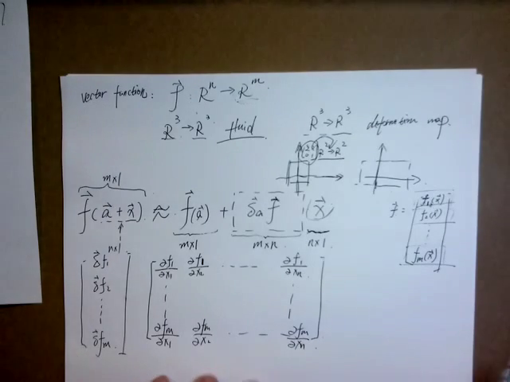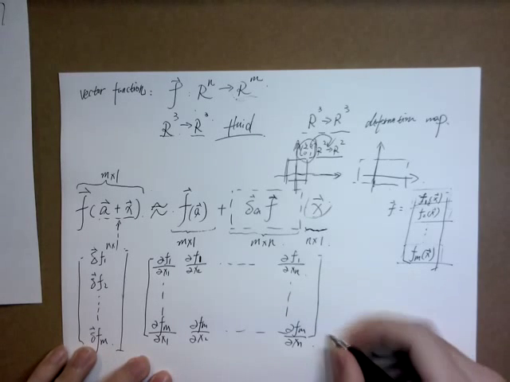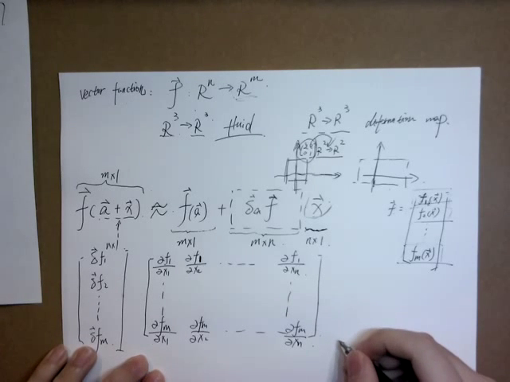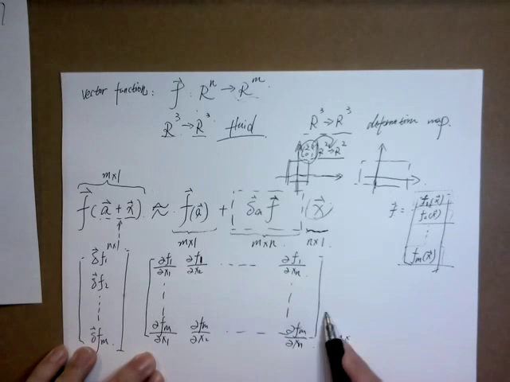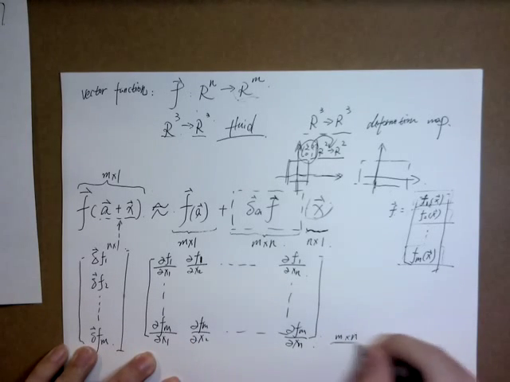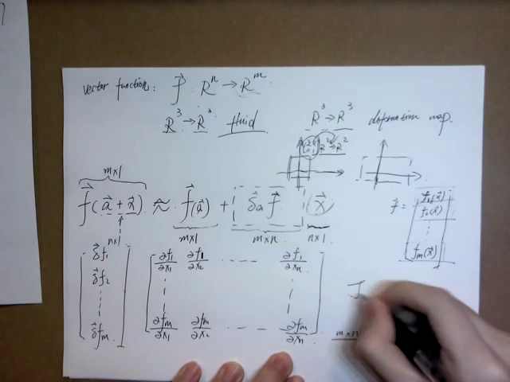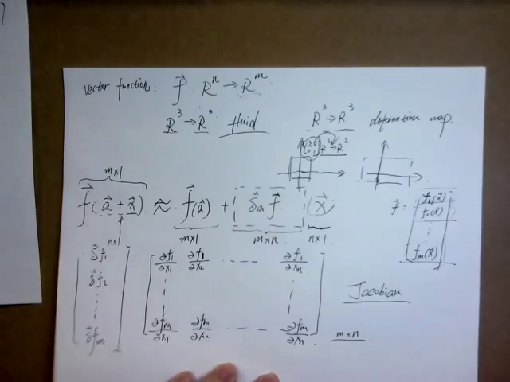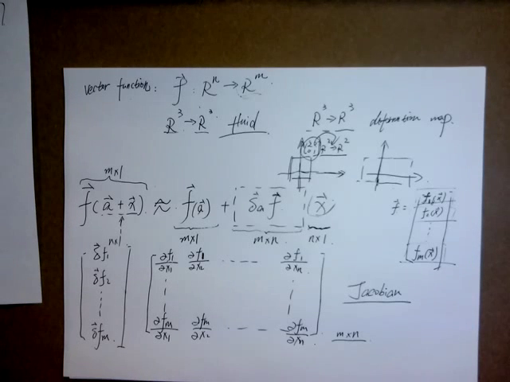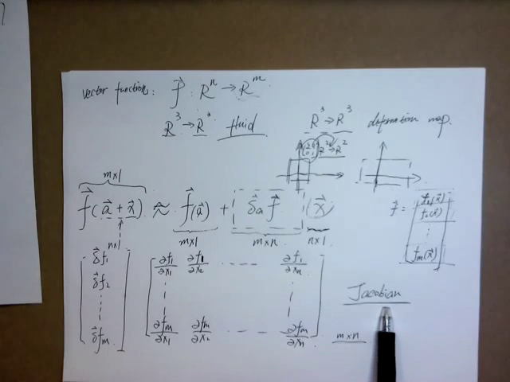So how many rows are there in this matrix? There are m rows. And how many columns are there? There are n columns. So it matches perfectly. And this is usually called the Jacobian matrix of a vector function. Some people just call it the gradient of a vector, but usually people call it the Jacobian matrix.